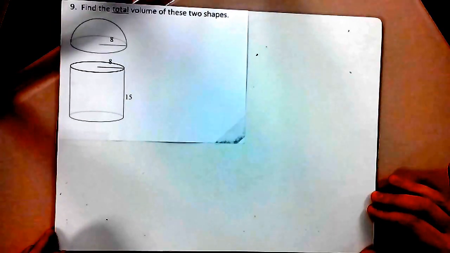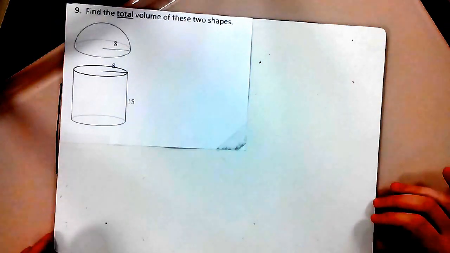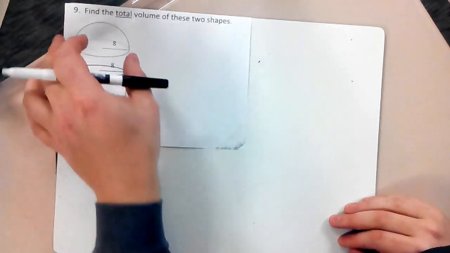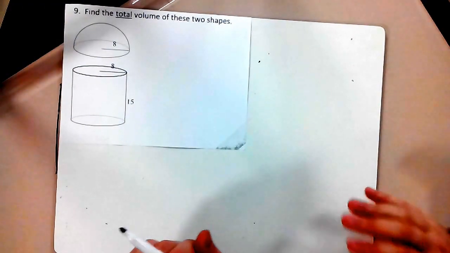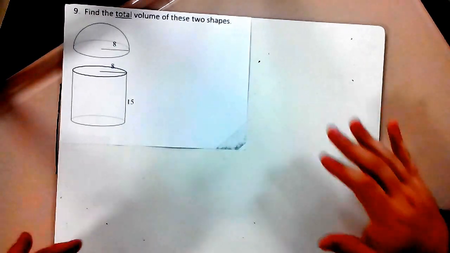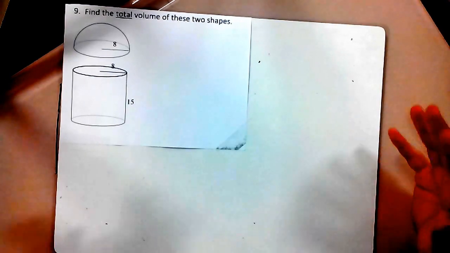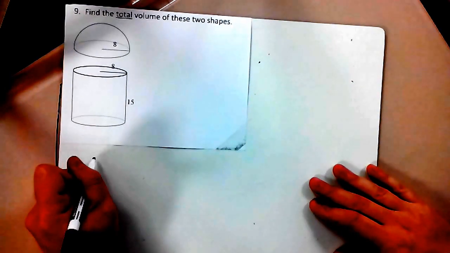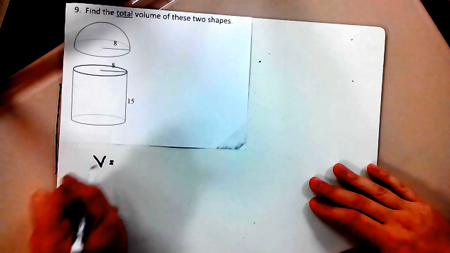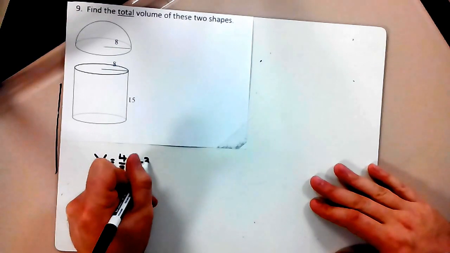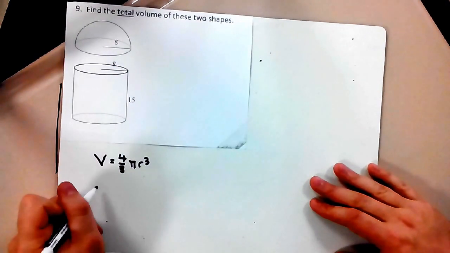This guy is comprised of two shapes. He's comprised of a cylinder and half a sphere. We just talked about how to find the volume of half a sphere, and I'm going to do that again. There are a couple of different ways to find the volume of half a sphere. This is just one of them. The formula for the volume of a sphere is 4/3 pi r cubed. The radius is 8.